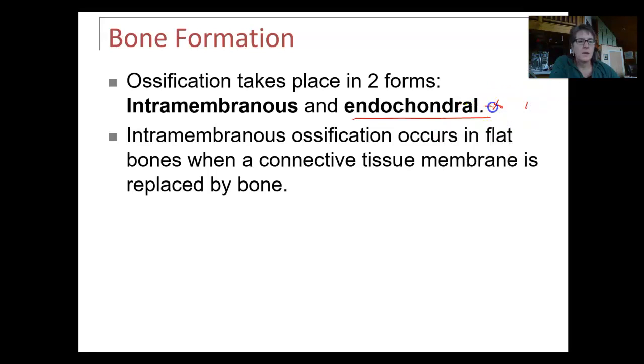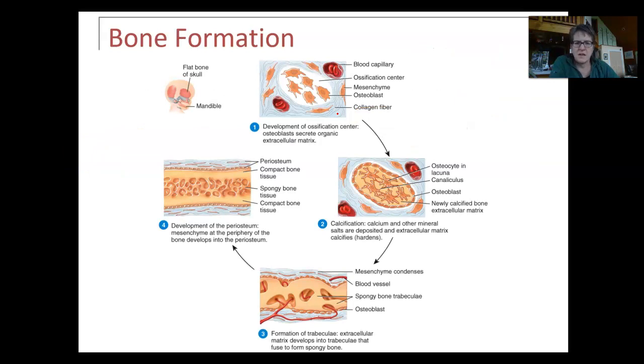All right, well, we're going to... Endochondral ossification is long bone growth. Intramembranous ossification is in flat bones. So we're not going to talk about intramembranous ossification. Do I even have a slide on it? Oh, I do. But it's forming spongy bone, right?